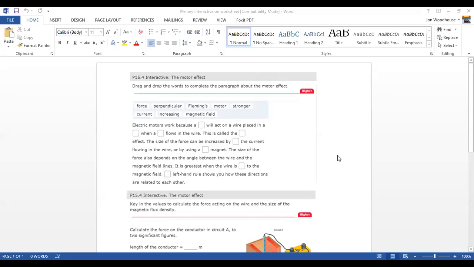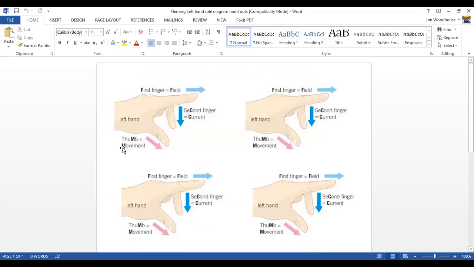You've also got a nice little closed passage there, which I'll attach. I've attached this so you can cut it out and put it in your book along with your other notes.